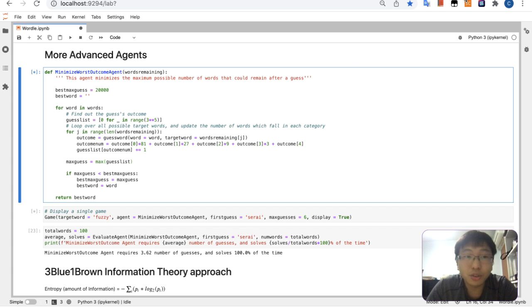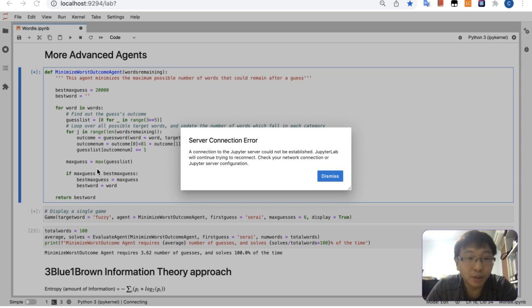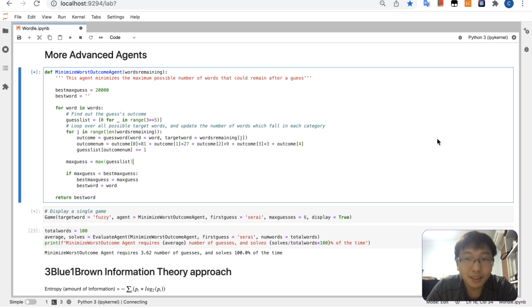Okay, I lost connection to the server. Wait, let me just try. Yeah, but it looks like it manages to solve the word. Oh no. I guess I'll have to stream this another time when my server is up again.